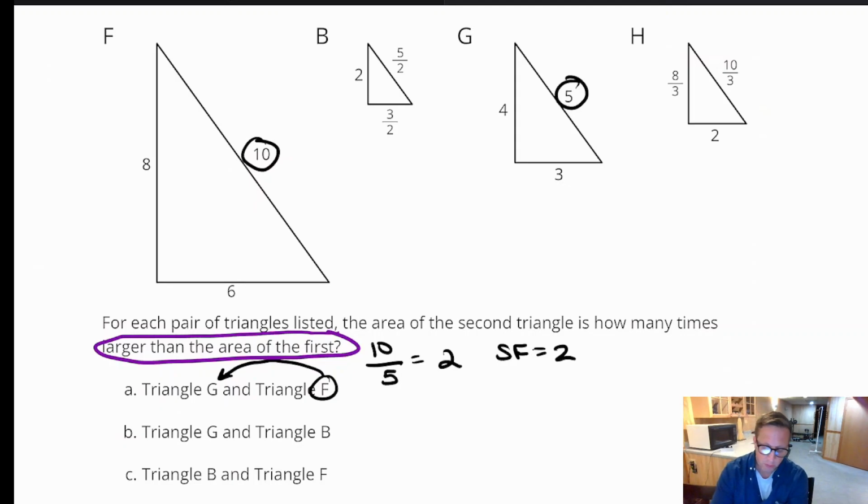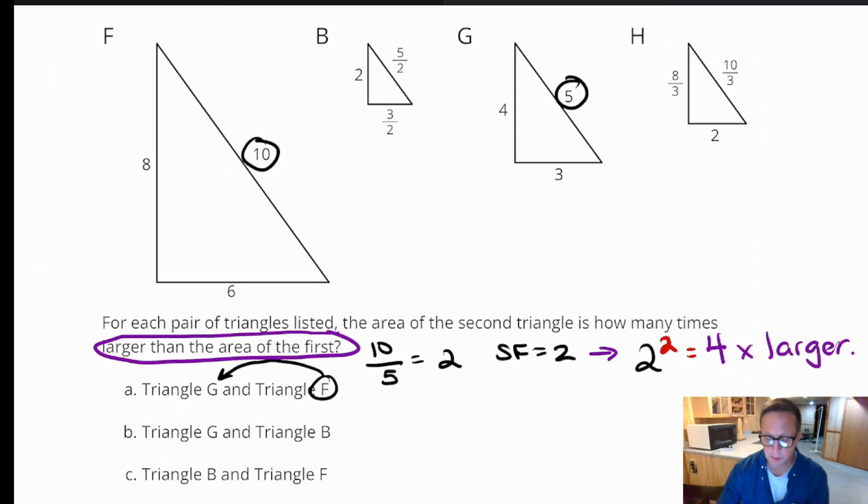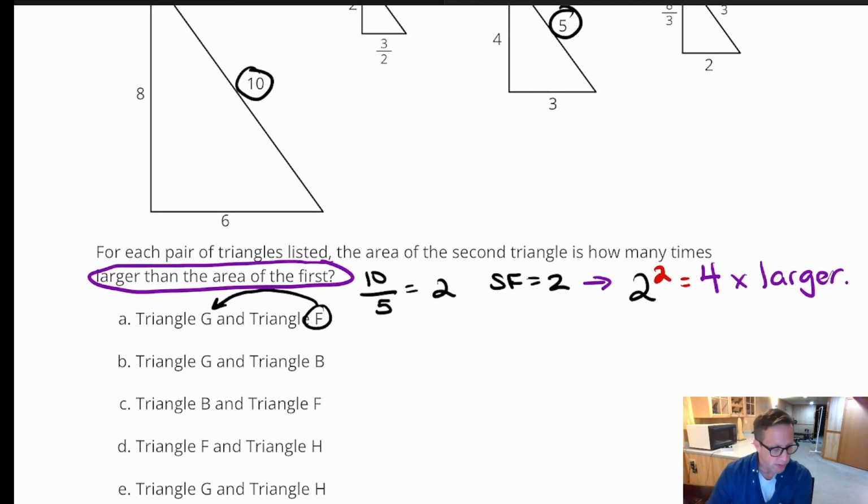So for this one, 2 squared is just 4. So that's 4 times larger, the area. The scale factor was twice as big, but area has this squared relationship, and that's what's going on there.